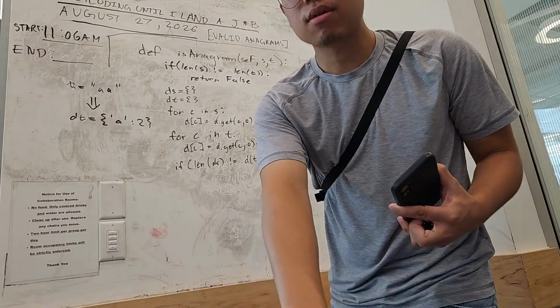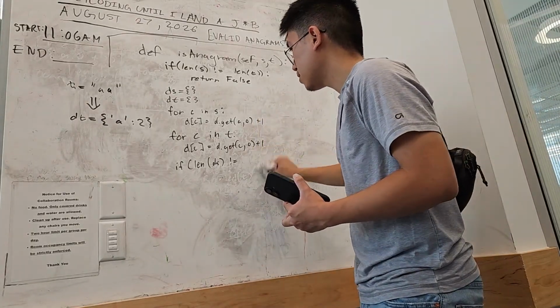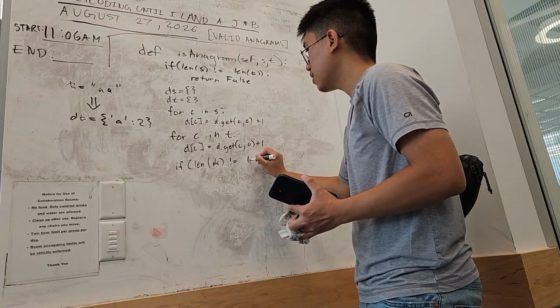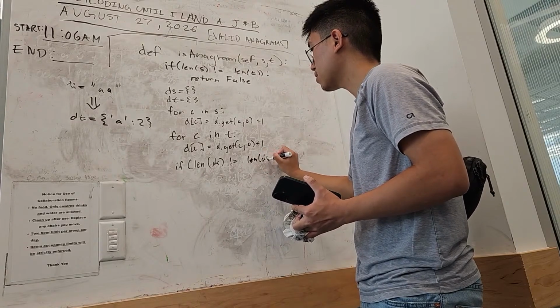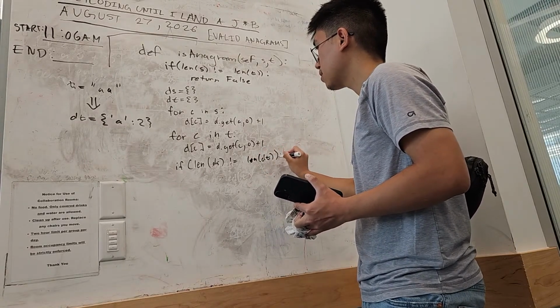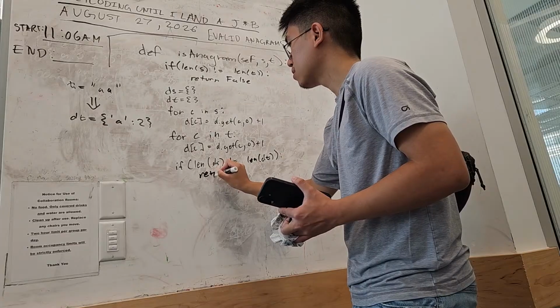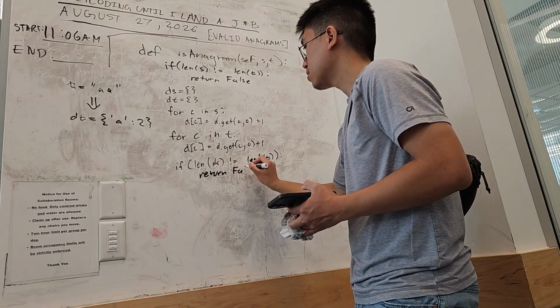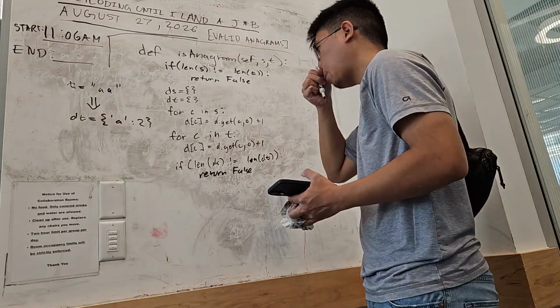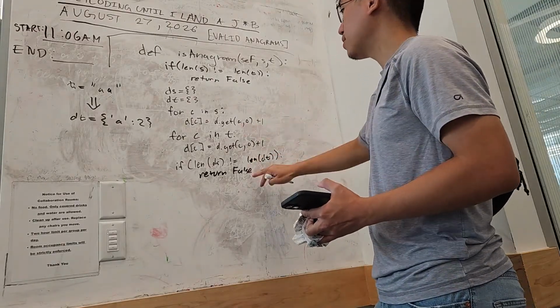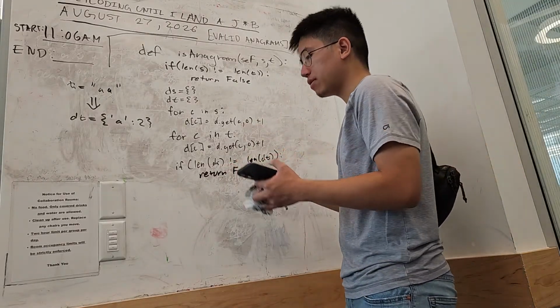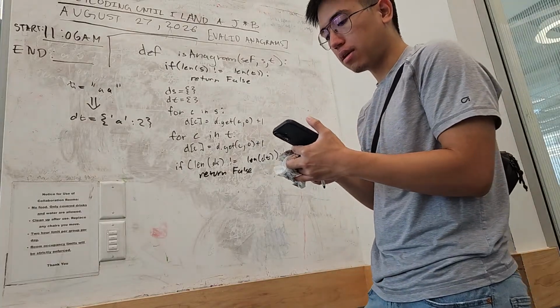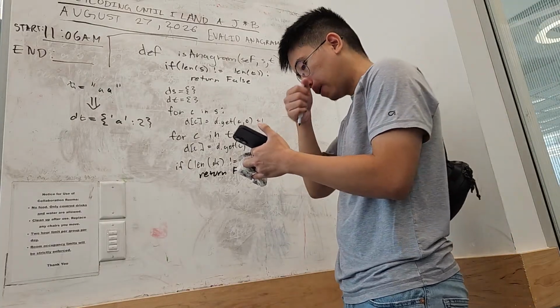Oh my gosh, I'm really out of it today. I got like 8 to 9 hours of sleep though. What the heck? Yeah. Return false. So it's not an anagram if we don't have the same length of keys. That's the other thing.